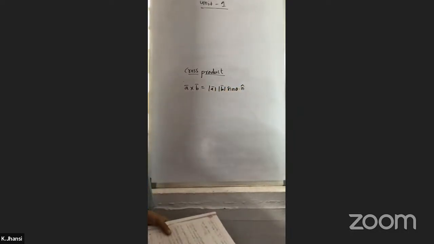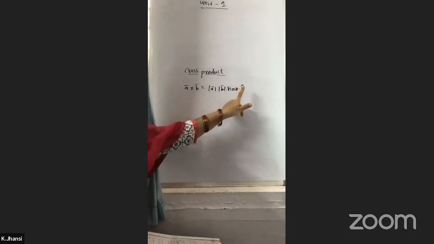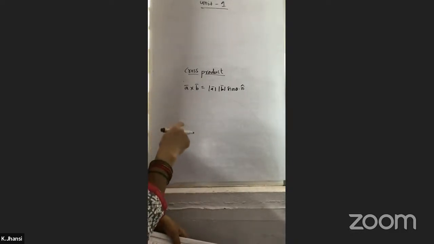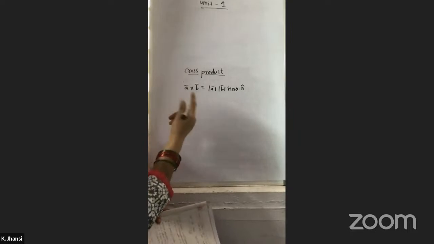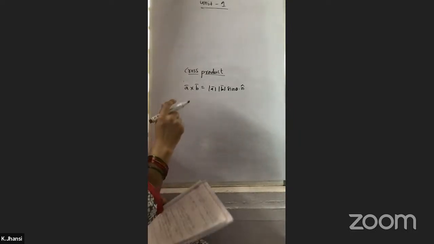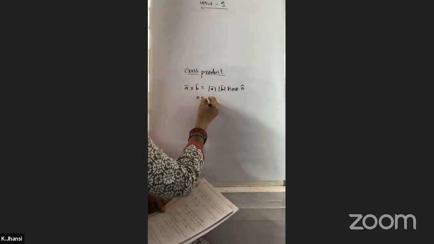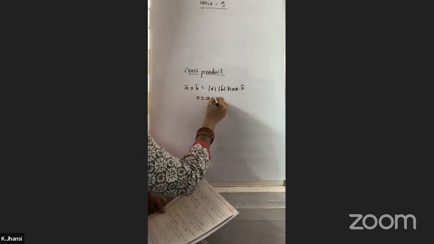The n vector here is a unit vector and it is called n cap. The cap represents that it is a unit vector, and it will have the value 1. So the cross product A cross B is equal to modulus of A vector into modulus of B vector into sin theta, where the n value is taken as 1, and theta lies between 0 and pi.